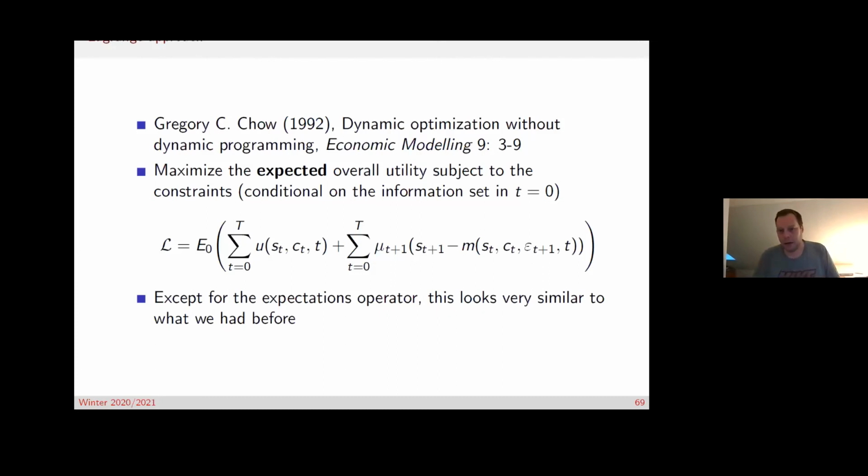If you look at slide 10 or so, where you have the Lagrange function and compare both, they look very, very similar, except for the expectation operator. And the reason is that except for the expectation operator, they are very similar.